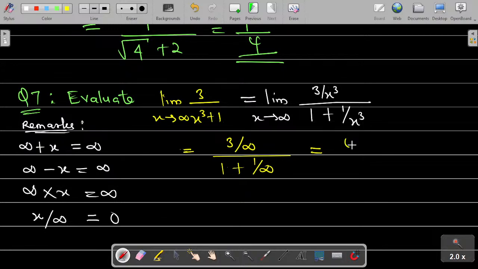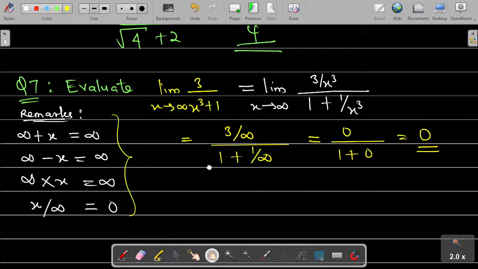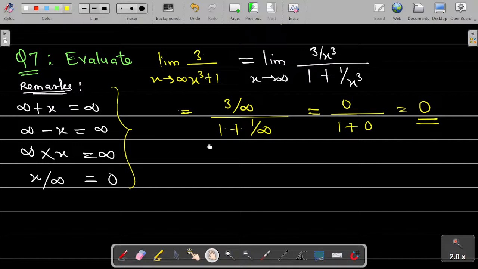Remember, anything divided by infinity is 0. All over 1 plus 0, and that is 0 over 1, which is equal to what? 0. Okay, so the solution of the limit given to us is equal to 0. Meanwhile, take note of this remark. Okay, and that's all for number 7.